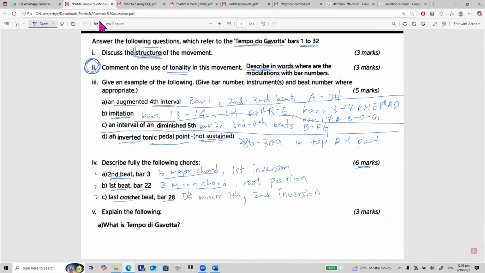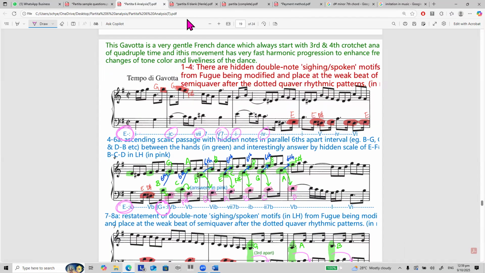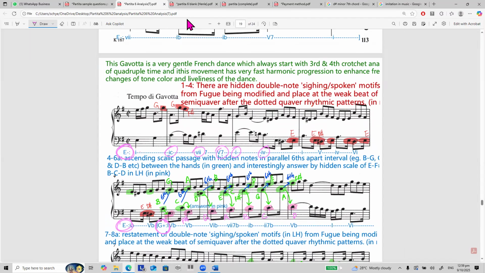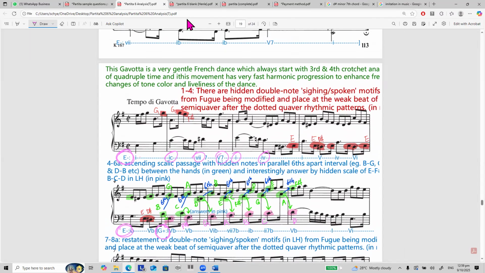Next, what is tempo di Gavotta? This is a very good, very easy question. If you purchase my music analysis, the full analysis, at the beginning of every movement, I would explain what the meaning is. The Gavotta is a very gentle French dance, and so on. And so this is the answer.